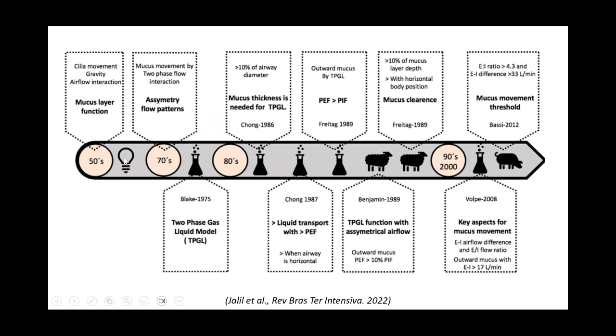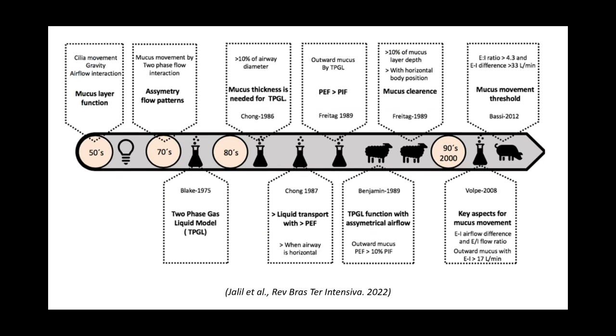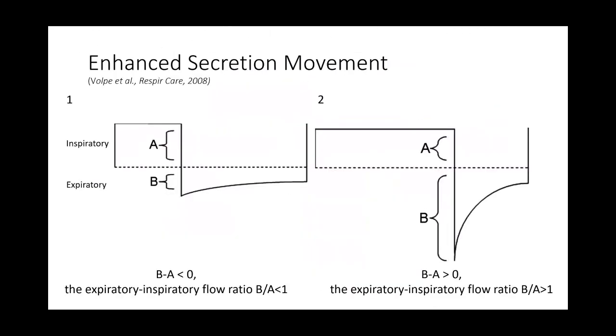So we have in the light bulb ideas, and that was around gravity, ciliary movement, and then we have bench studies providing further evidence and animal models. And I'm going to cover some of these concepts in today's presentation, and understanding these concepts will help us comprehend the mechanism that is involved within the airway clearance technique that I'm going to be talking about.